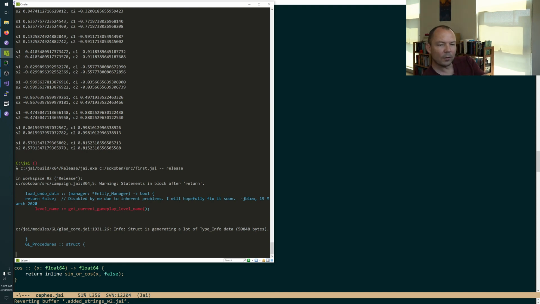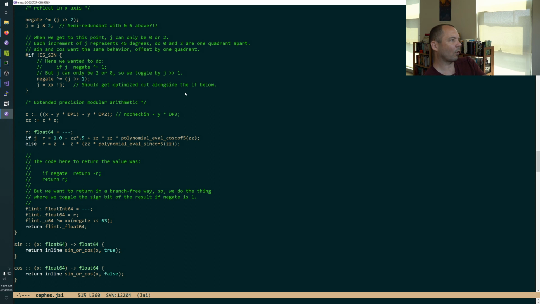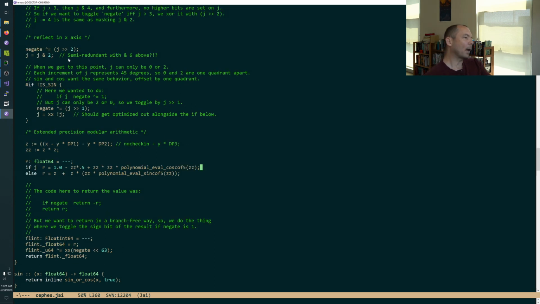it could be that this code bails on angles of 1,000,000. I don't know what the specification is of Visual Studio's sine function, right? It might have a much smaller range. We could look that up.